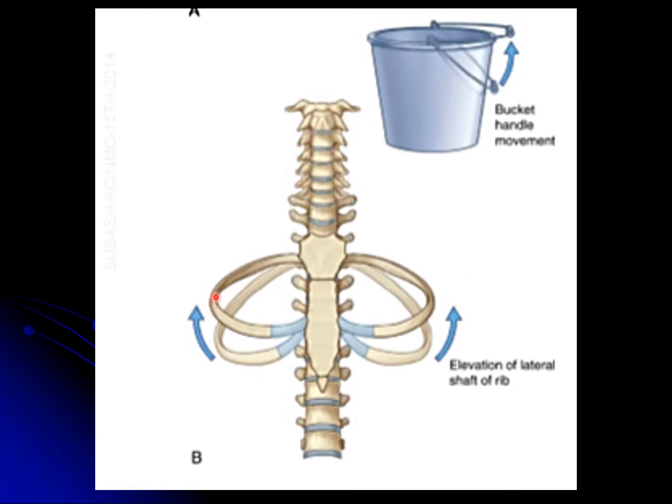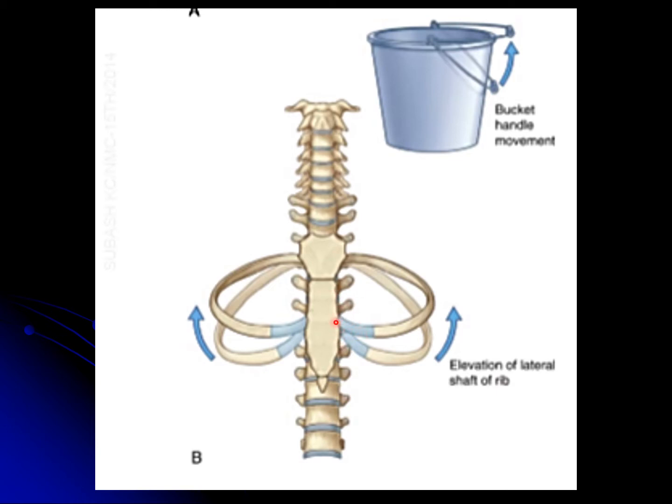From the lateral part of the thorax to the other lateral part, right to left, this diameter is known as the transverse diameter. What happens in this movement is that posteriorly the ribs are attached to the vertebral bodies, and anteriorly through costal cartilages they are attached to the sternum.